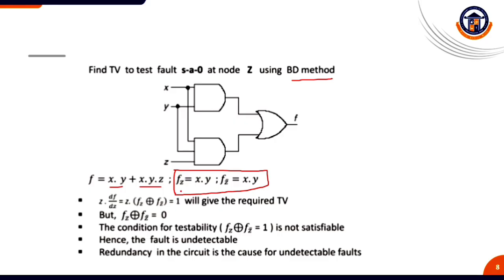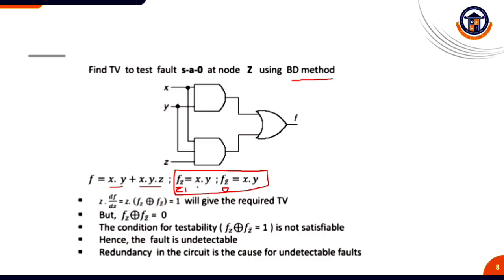When we compute fz, we substitute z value equal to 1 in our main expression, that is x dot y plus x dot y dot 1.